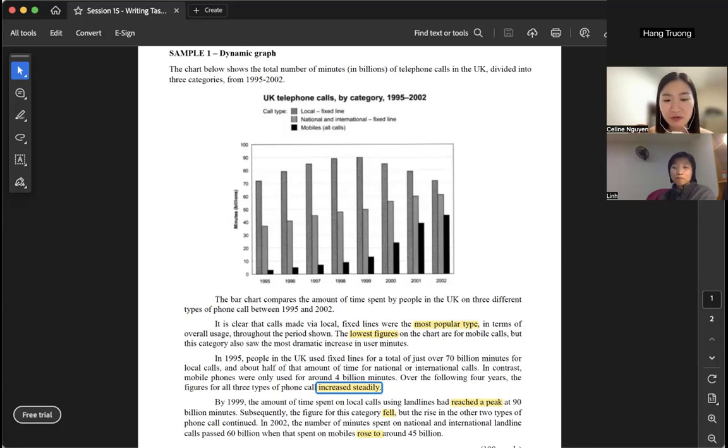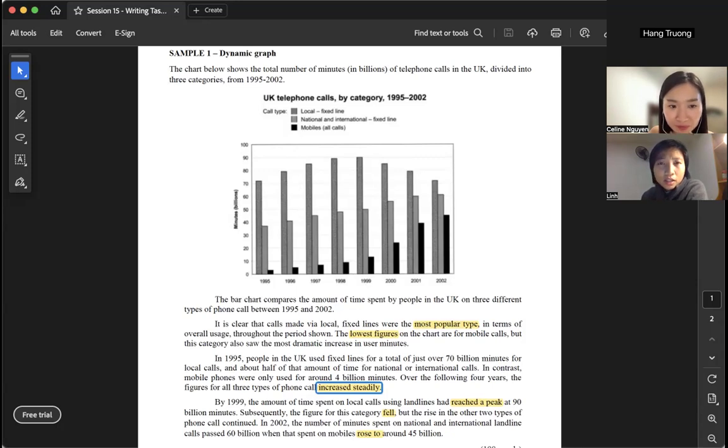Okay. In each paragraph they describe the highest trend and lowest trend, and maybe the upward and downward trend for each line, like each category.